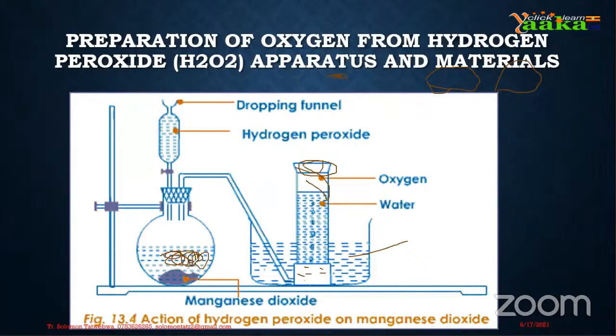It does not go to the next phase. This water here is just a collection method. We just put it on the side. It has nothing to do with our reaction.